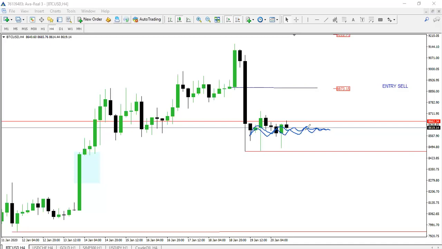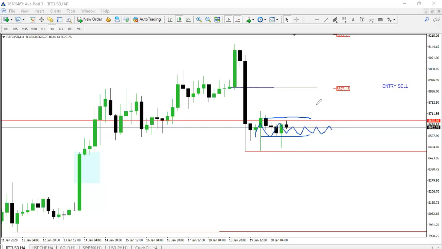If we get enough buyers in this area, then we're going to see the price coming up like that. But if we get more sellers than buyers, we'll see the price start to push down as well. Over here, the price is looking for people with big money, big accounts, so that they can start shaking this market up or down.